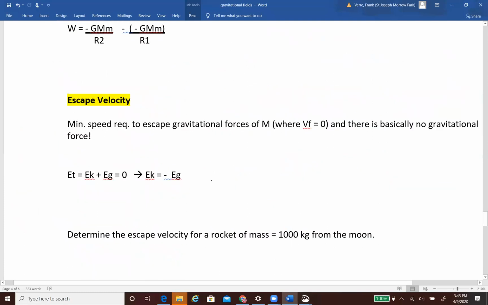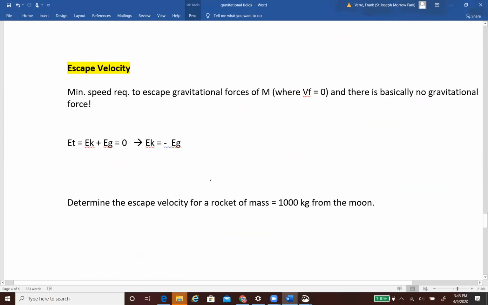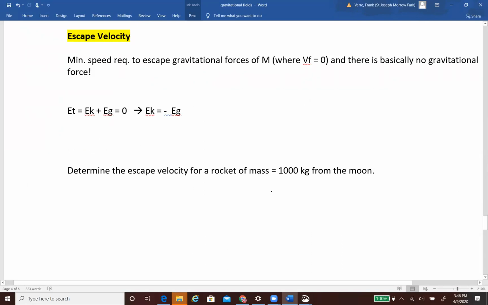One is, how fast do you need to travel to get off the surface of a planet or a moon, for instance? And then you can use that concept to figure out an even more interesting question, which is how big or how small would something need to get to become a black hole? Okay.